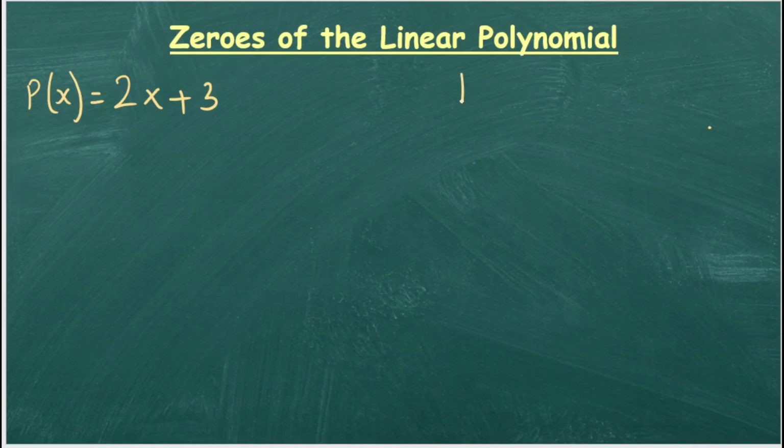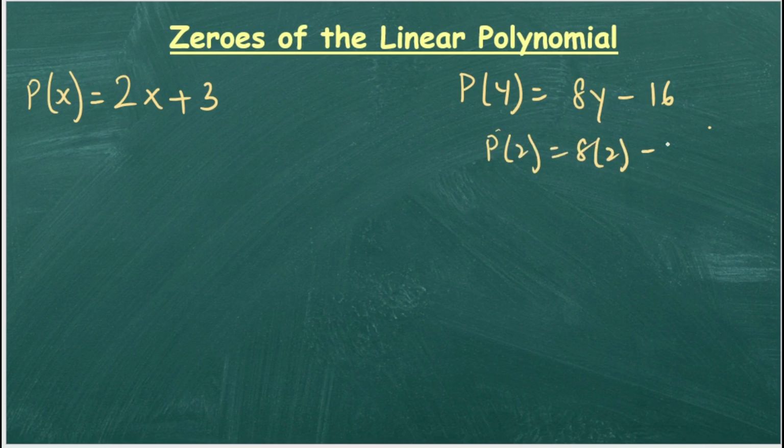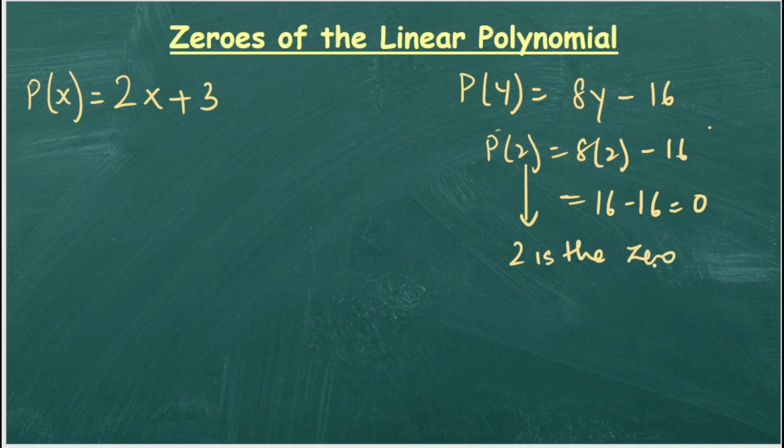Now sometimes it's a little tricky to guess. For example, if I give you this polynomial p(y) = 8y - 16, you will say, oh yeah, it's easy, when I put y as 2, I will get 16 minus 16 as 0. So yes, this 2 is the zero of that polynomial, correct?